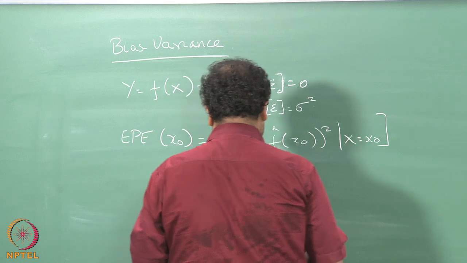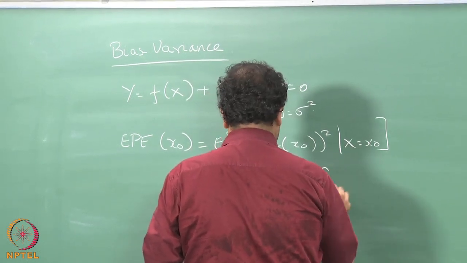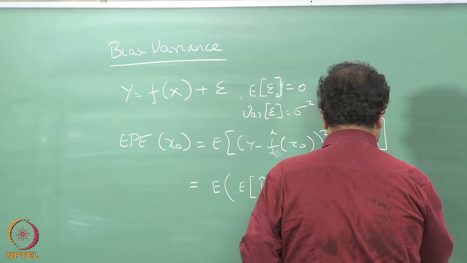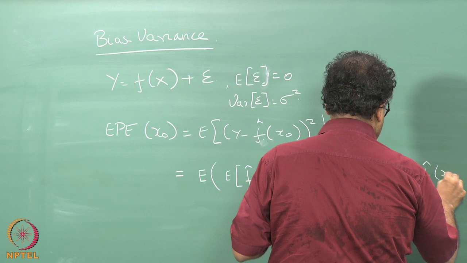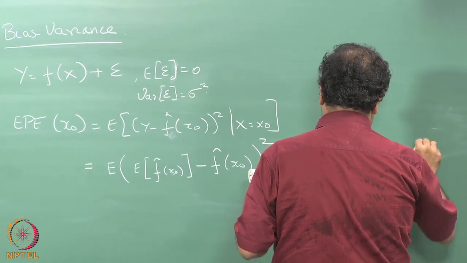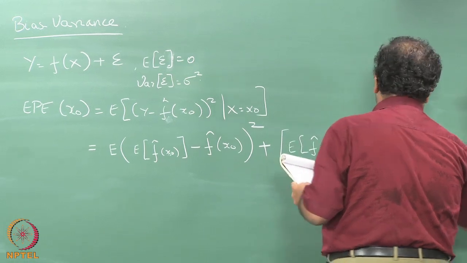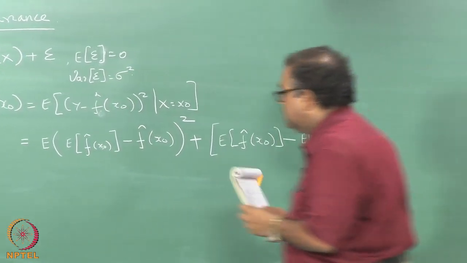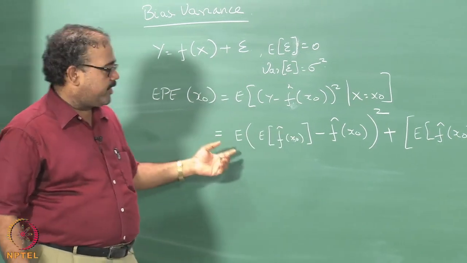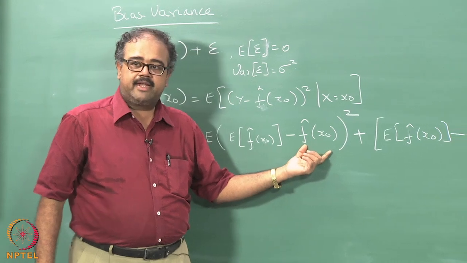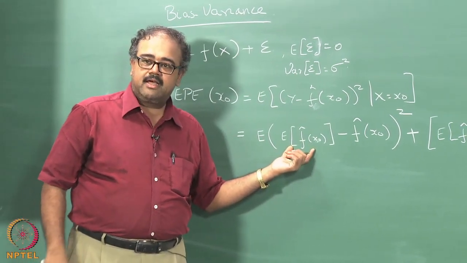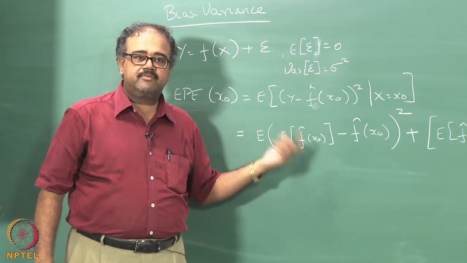The first term is essentially the error that I am going to see by looking at the estimate that I will get from a specific data instance, compared to the estimate that I will get as an expectation over the entire training sample from which the training data is being drawn.